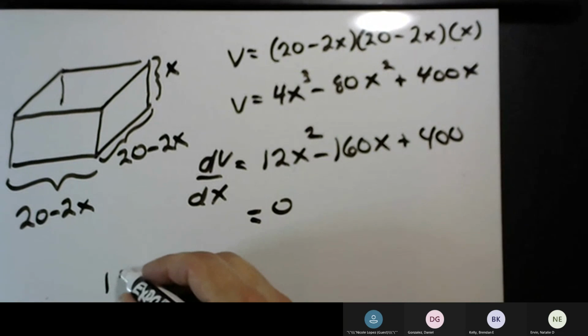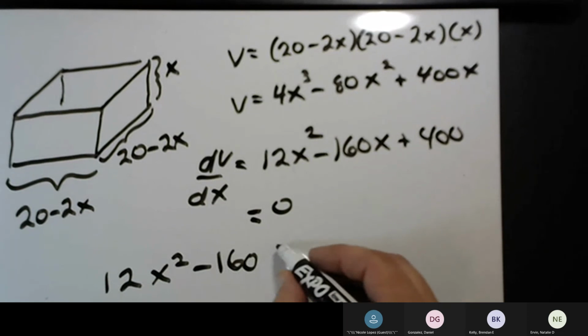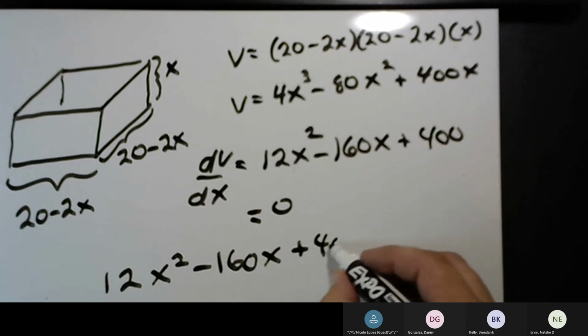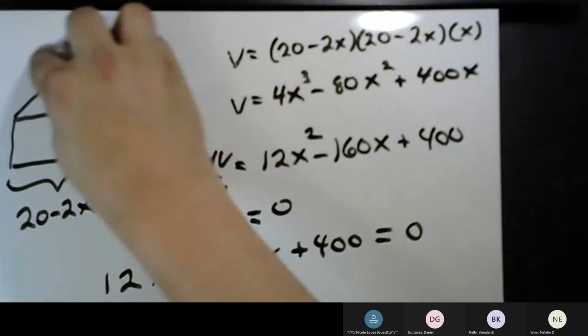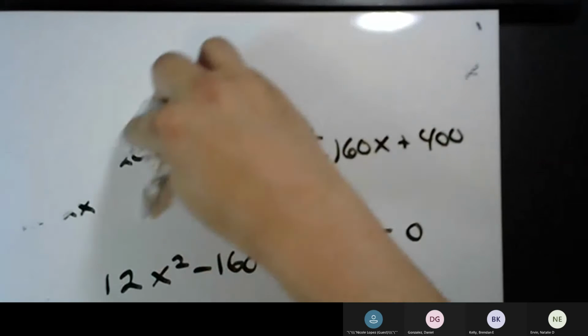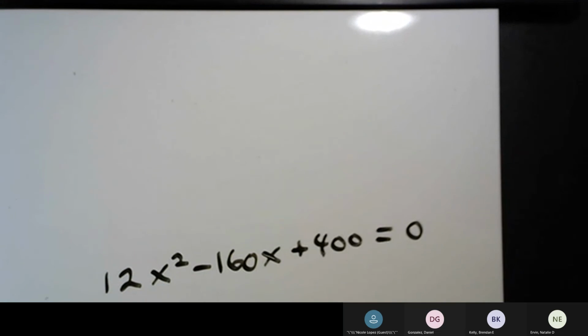So we're going to solve 12x squared minus 160x plus 400 equals 0, again to find the critical points. If I'm racing too fast, please let me know.